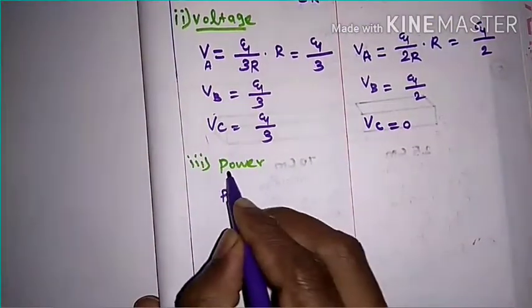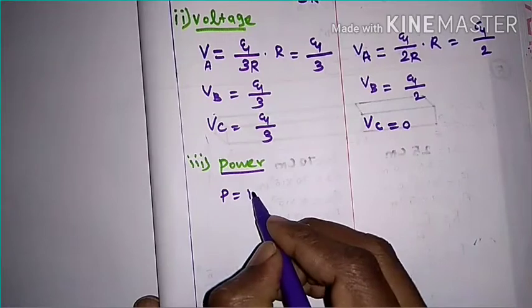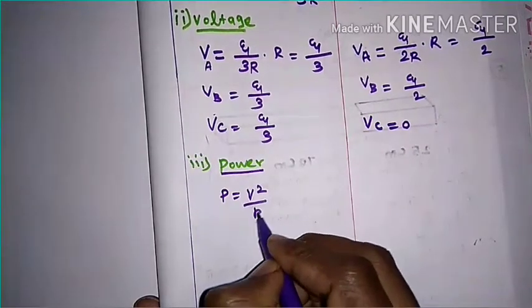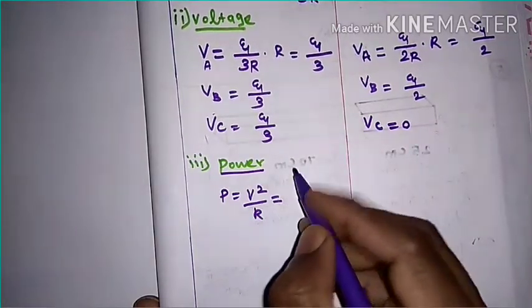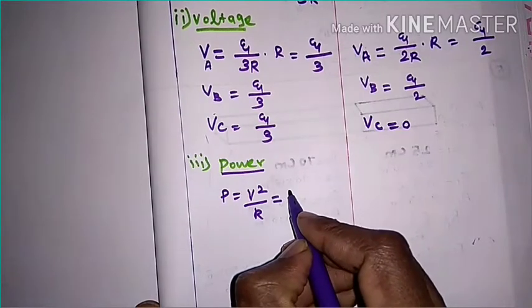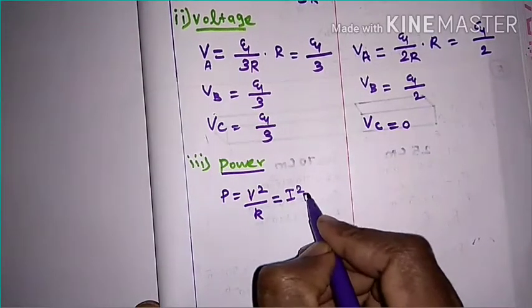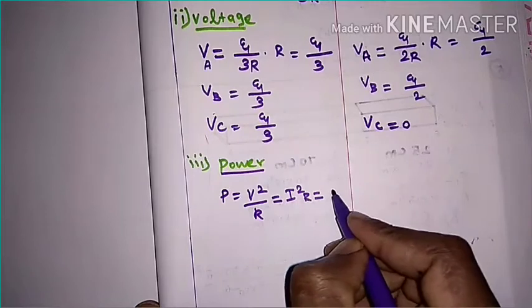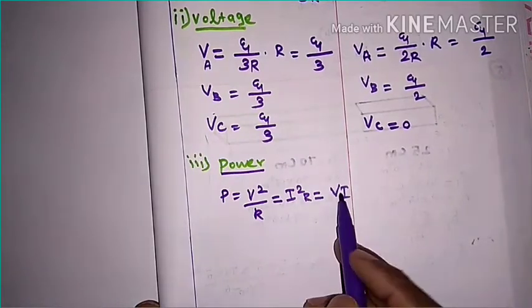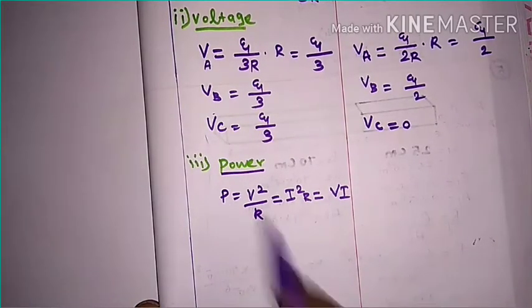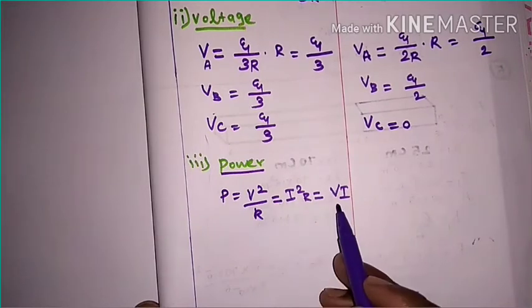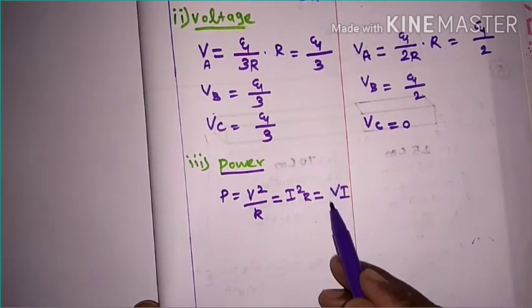P is equal to V square by R, and it is also equal to I square R, and it is also equal to VI. So all of these are relations of power. There are 3 equations; among these we are going to use the last, easiest equation.